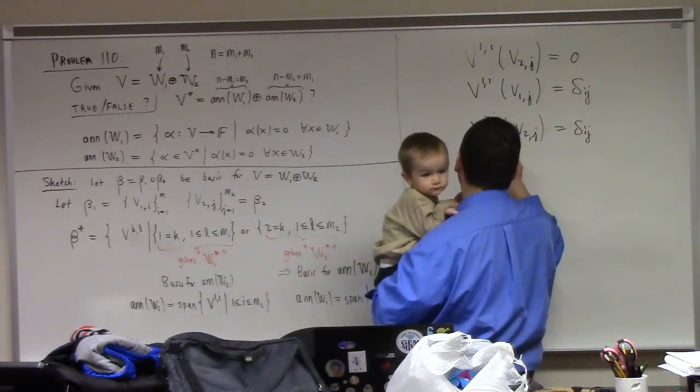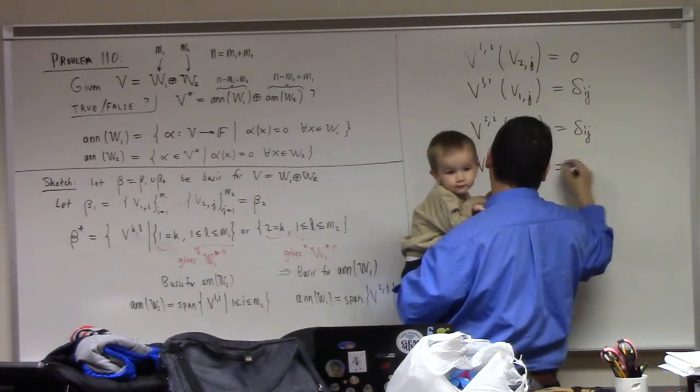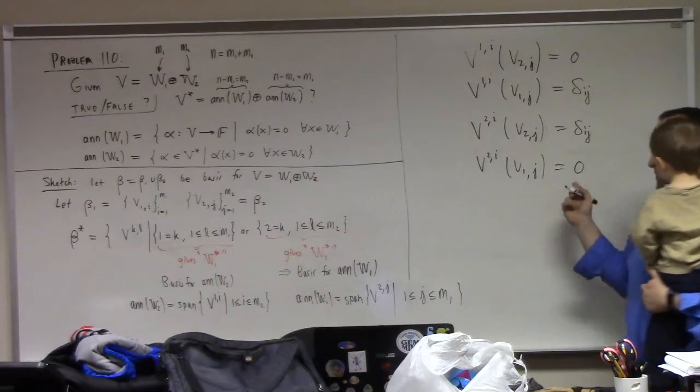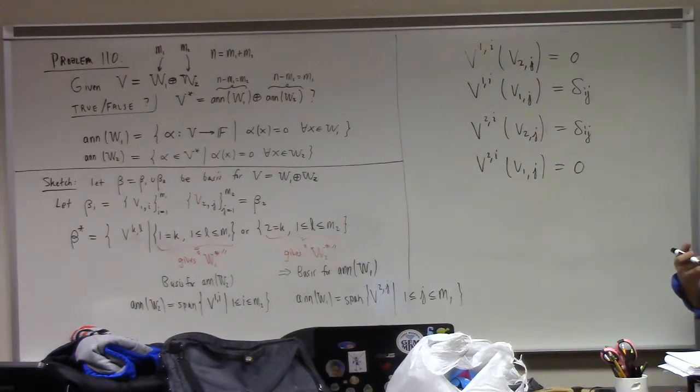And V2 upper I with V1 upper J is equal to 0. That's how the dual basis is defined in this notation. The dual basis is the basis for the dual space that is only non-zero when it hits the basis which is dual to it in the original vector space.